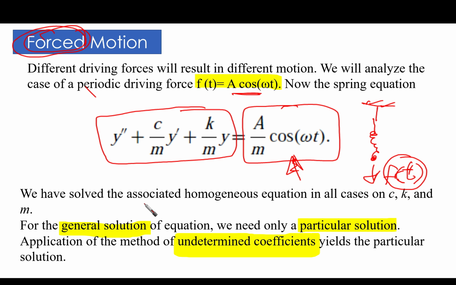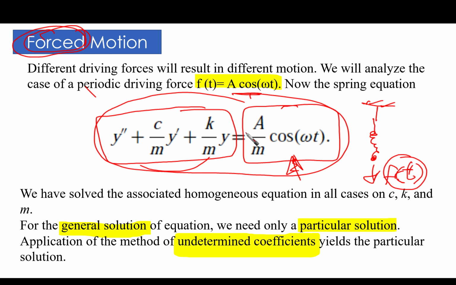We have solved the associated homogeneous equation. Remember that we are dealing with a non-homogeneous equation, because the right-hand side has a term. We need to solve the associated homogeneous equation first, and then search for a particular solution for the entire non-homogeneous equation.